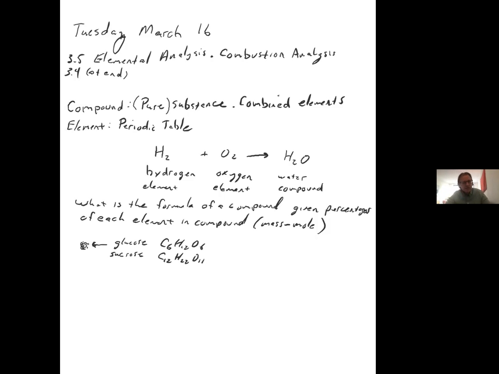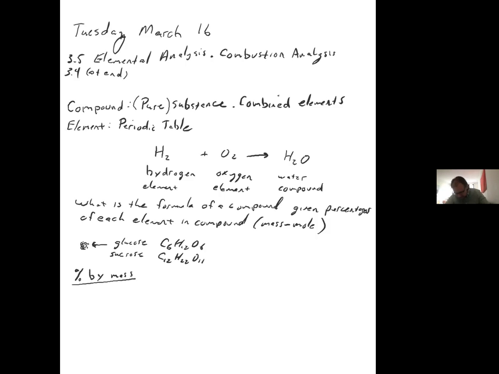Okay, now there are different ways of presenting the data, but the most common way is percent by mass. So the examples we're going to look at today are where they give you percent by mass.